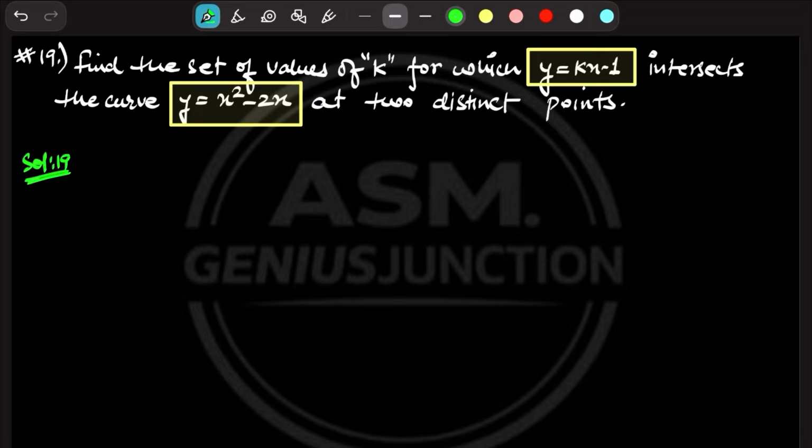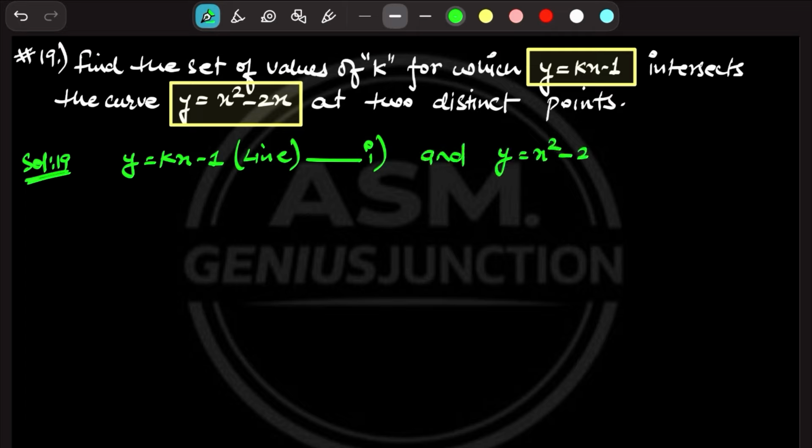The two equations involved are y equals kx minus 1, this is the equation of the line. Let's say this is your equation 1, and y equals x square minus 2x, this is your equation of the quadratic curve, and I will say this is your equation number 2, right?